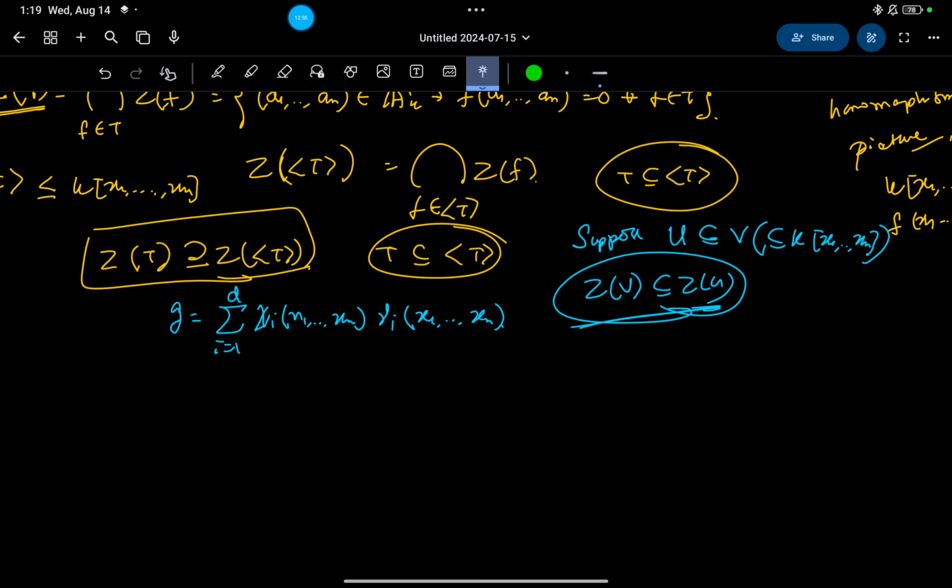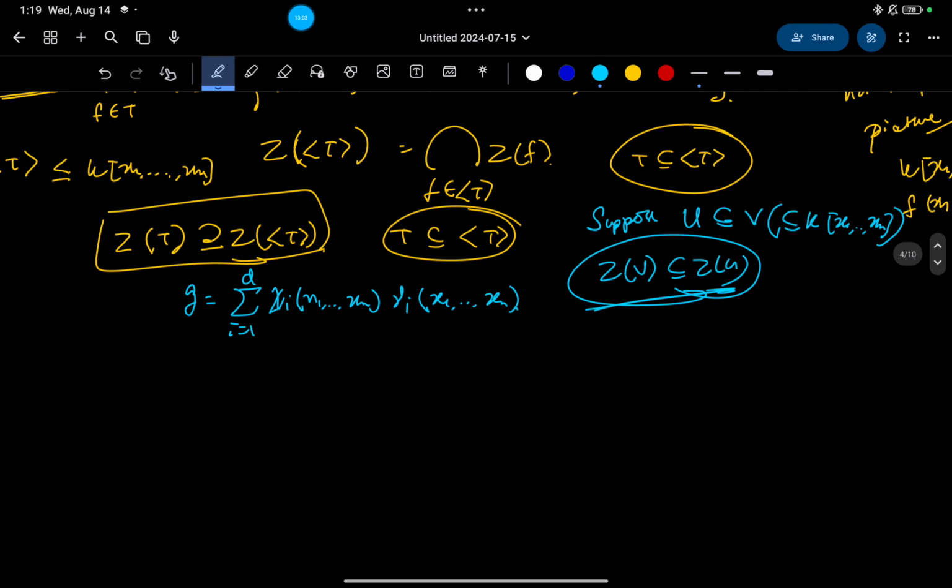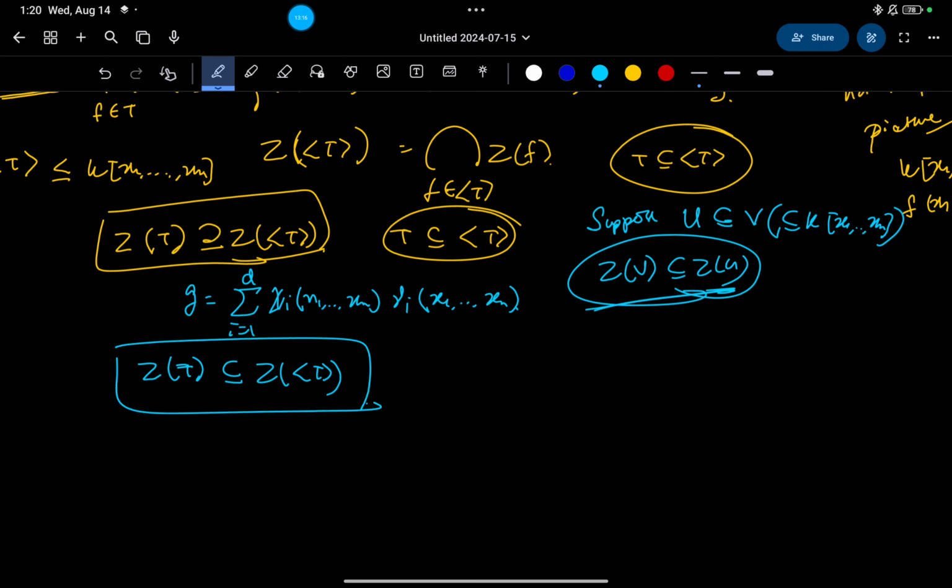Each of the chi_i's belongs to T, so this will get vanished by elements from Z of T. So of course g must get vanished by every element of Z of T. So Z of T also contains Z of the ideal generated by T. From both inclusions, it implies that Z of T is the same as Z of the ideal generated by T.